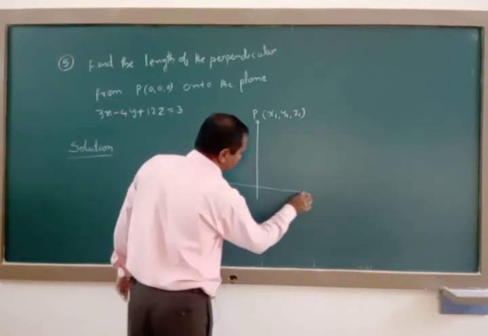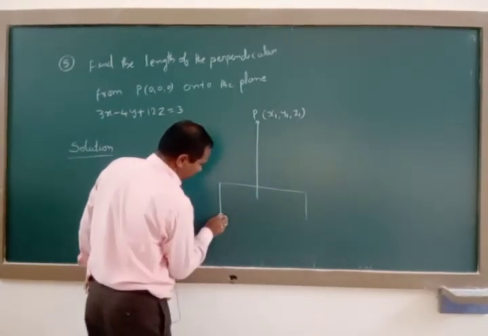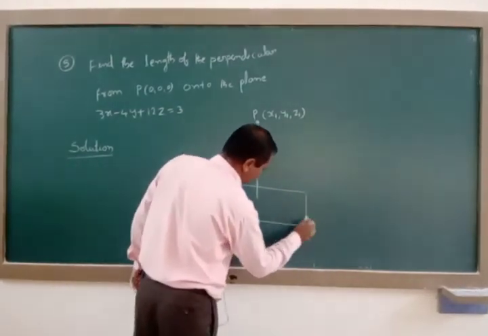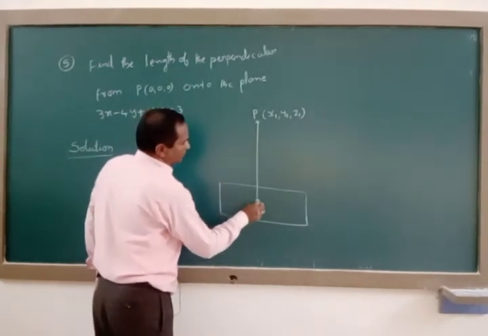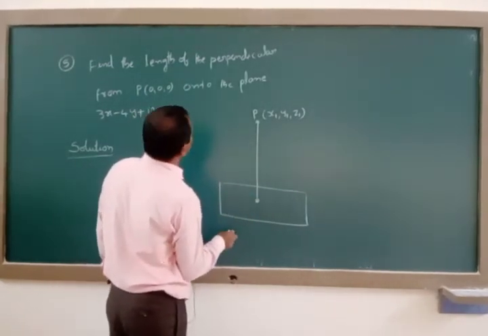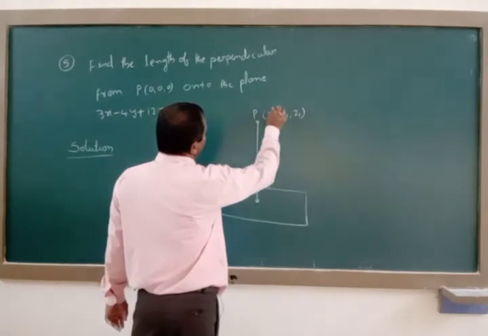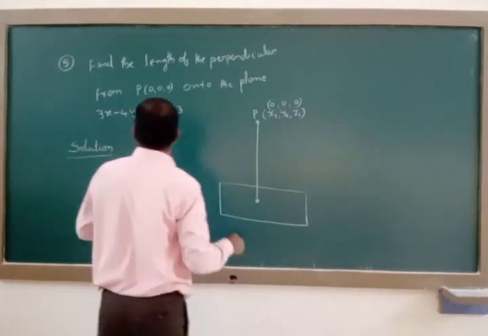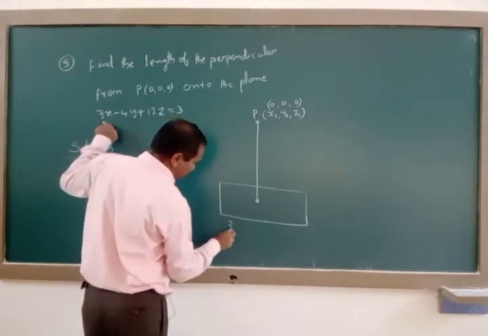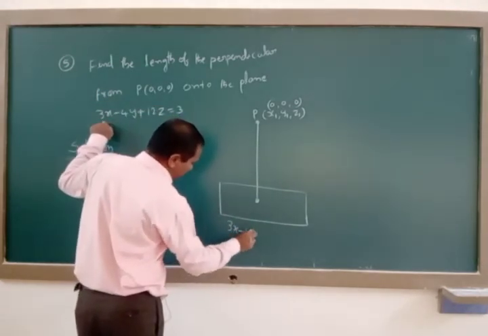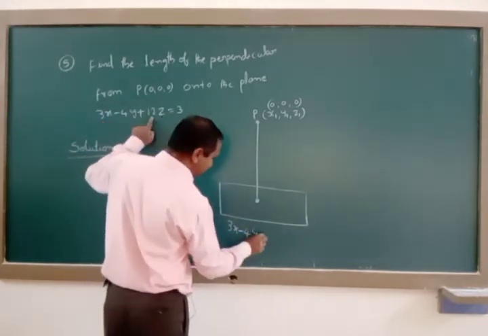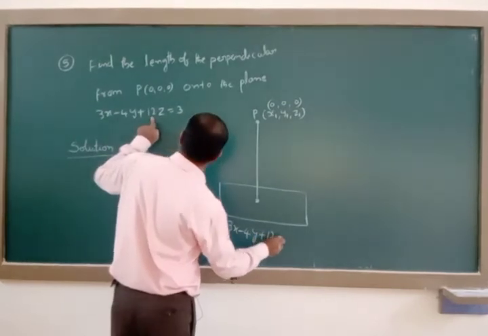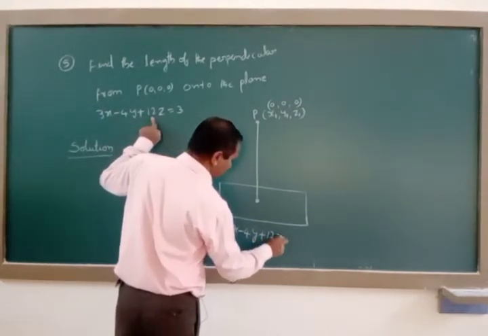Here one plane is there, and the point they gave is 0, 0, 0. The plane equation they gave is 3x minus 4y plus 12z minus 3 is equal to 0.